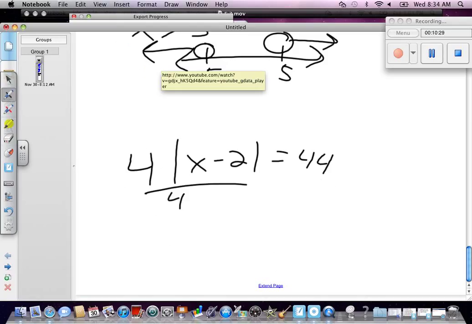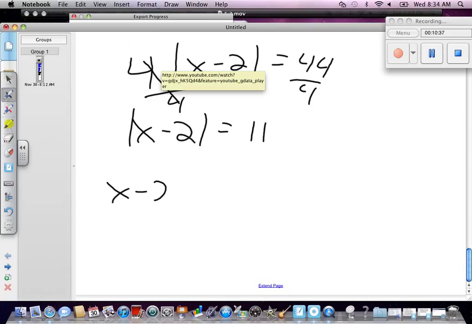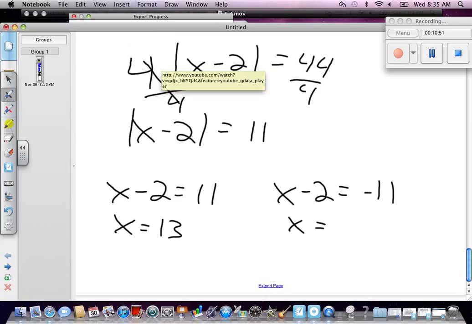So we divide by 4. X minus 2 absolute value equals 11. Now you've got to split it. X minus 2 equals 11, and x minus 2 equals negative 11. Okay. Any questions about ones like that?